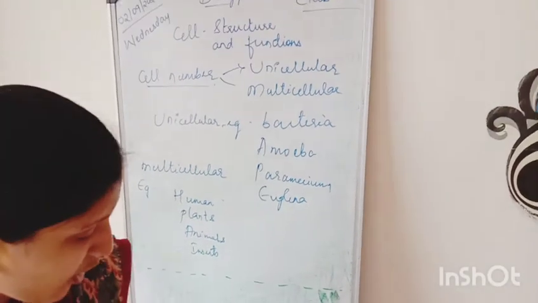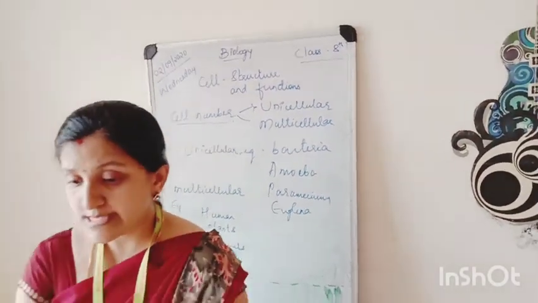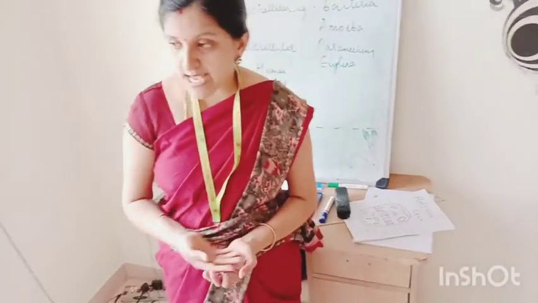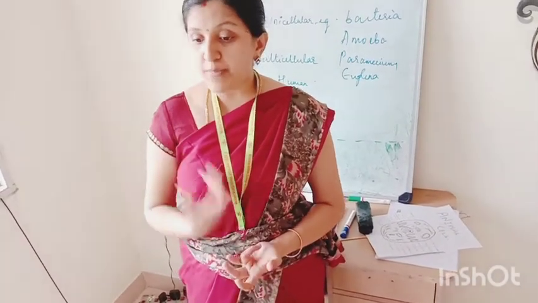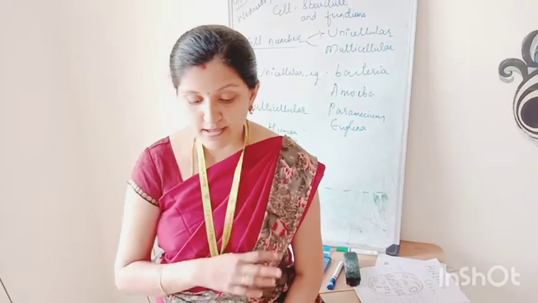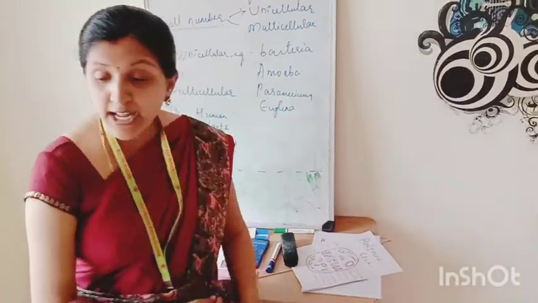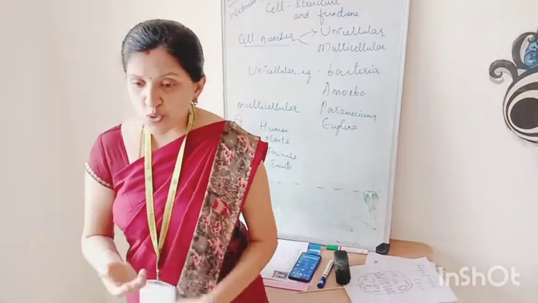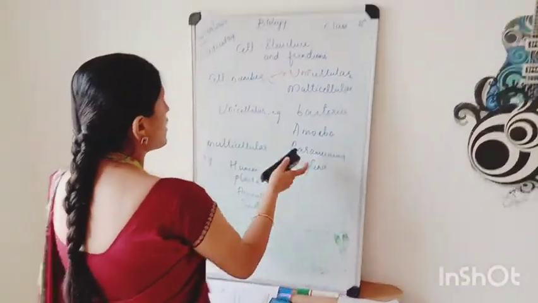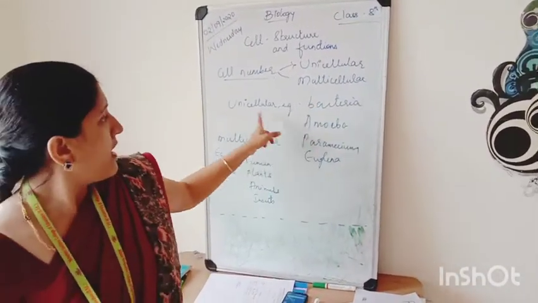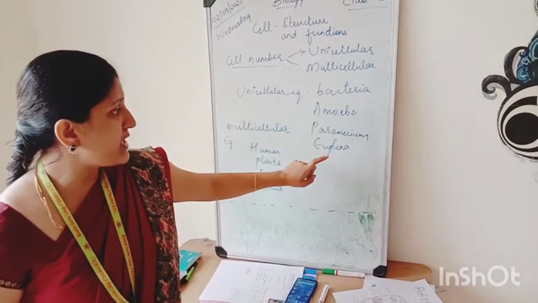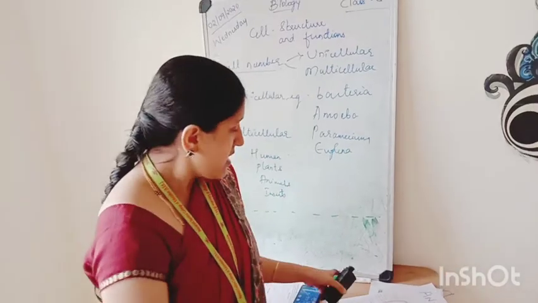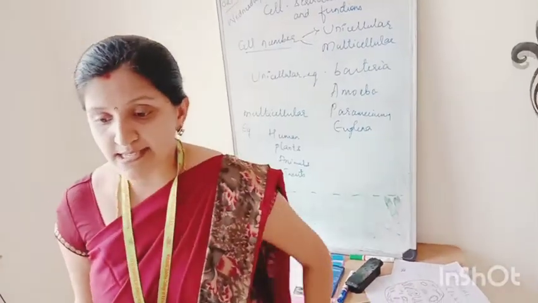There can be hundreds of cells, thousands of cells, then lakhs, billions, trillions together. Depending on the size, the number of cells also increases. So unicellular: bacteria, amoeba, paramecium, euglena. Multicellular examples: human beings, plants, animals, insects, etc.